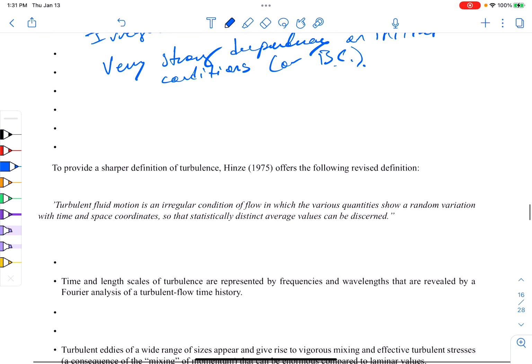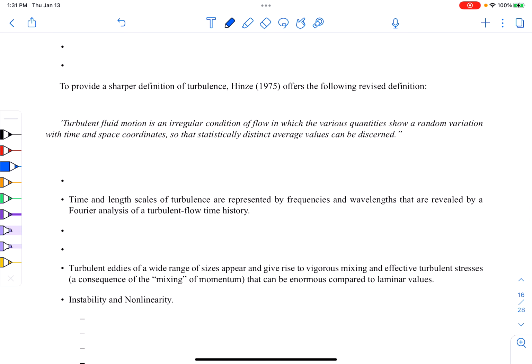So another good definition, I think, in the community came out by Hinze in 1975. I'll read this one to you. And he wrote, and I quote, "Turbulent fluid motion is an irregular condition of flow in which the various quantities show a random variation with time and space, so that statistically distinct averages can be discerned." And probably a good part of this definition is that it's more complete.